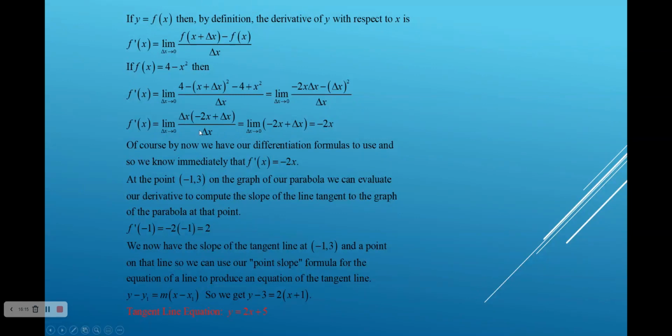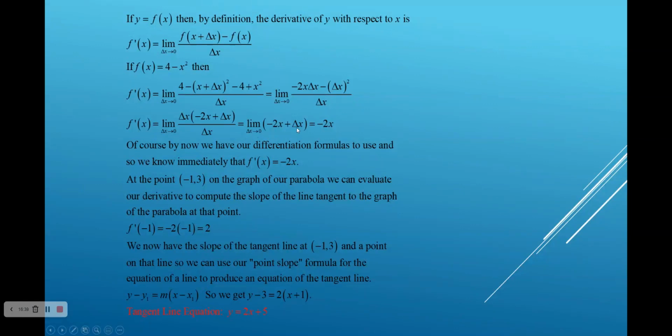If delta x was 0, this thing would be undefined, 0 divided by 0. How would you compute the limit? Well, by direct substitution, you can compute it over here. If you divide out the delta x's, one of our calculus theorems tells us that this limit and that one will be the same if they exist, and they do, because this one right here you can compute by direct substitution.